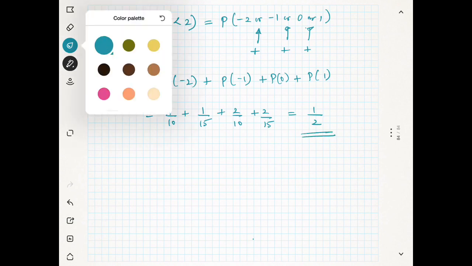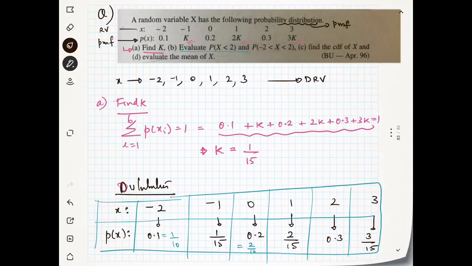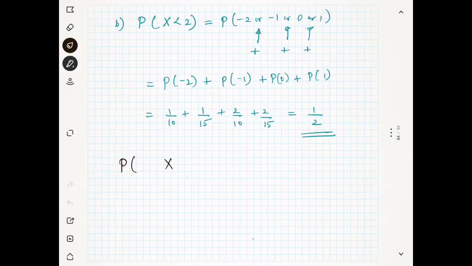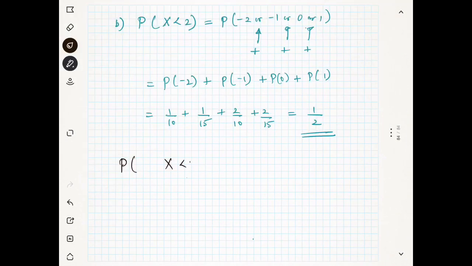Now what is the probability that the random variable x takes the value between -2 and 2? That is the second part of the question. You can see it in the question. Between -2 and 2 means it can be -1, or it can be 0, or it can be 1, right?